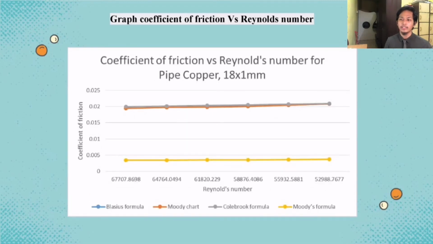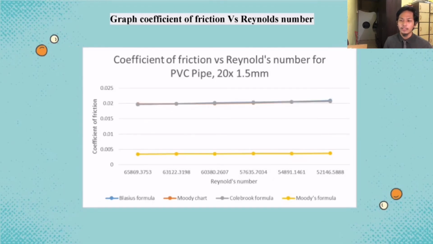Moving on to the next part is the graph of coefficient of friction versus Reynolds number for copper pipe. And then this is the tabulated data that we get. Next is the coefficient of friction versus Reynolds number for PVC pipe with diameter 20 mm.